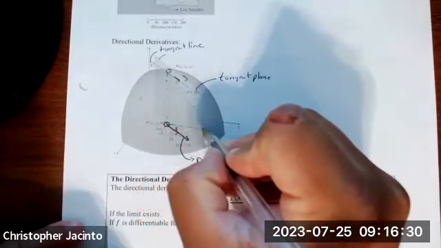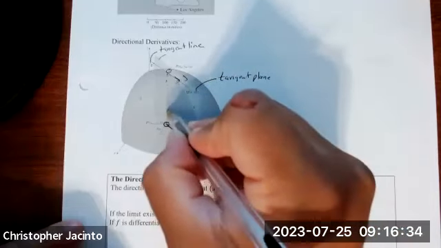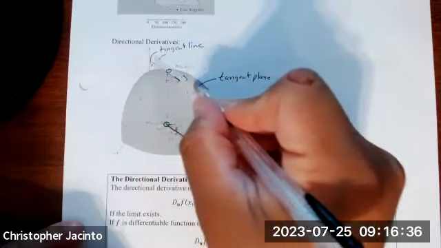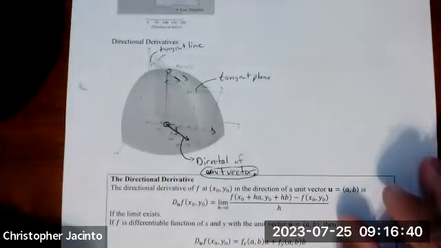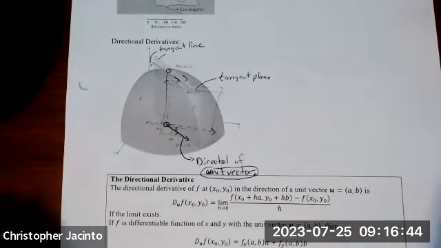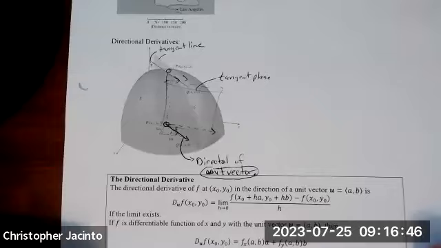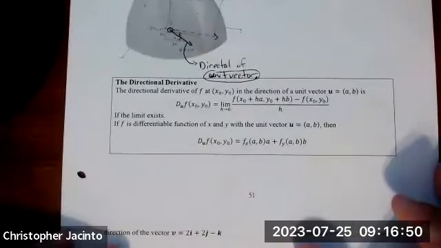So if I want to go this way, I make a unit vector going that way, and therefore going up, I get a tangent line going this way, and the tangent plane through it. So a lot of things happen to find just one particular direction besides going north, east, south, and west. But we define our directional derivative as this.